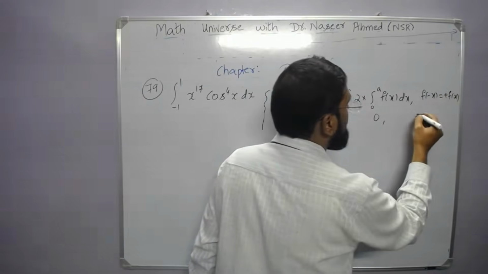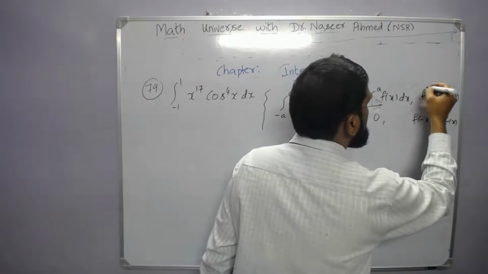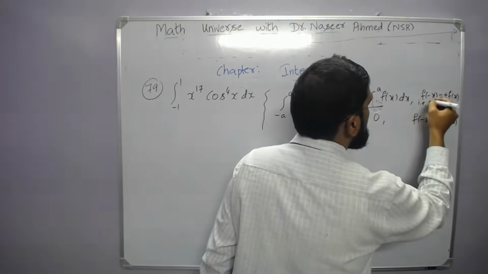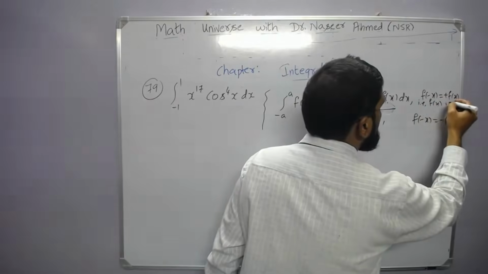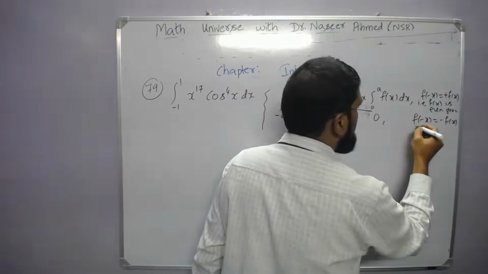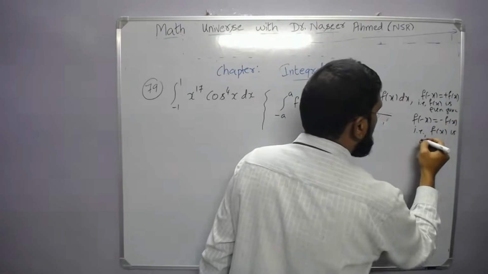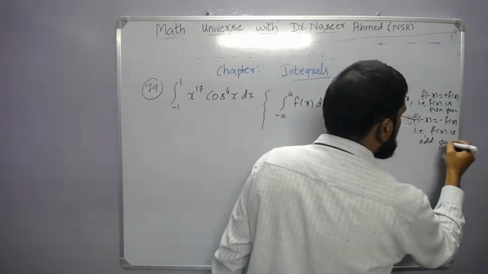And it is 0 when f of minus x is minus f of x. So here f of x is an even function, and here f of x is an odd function.